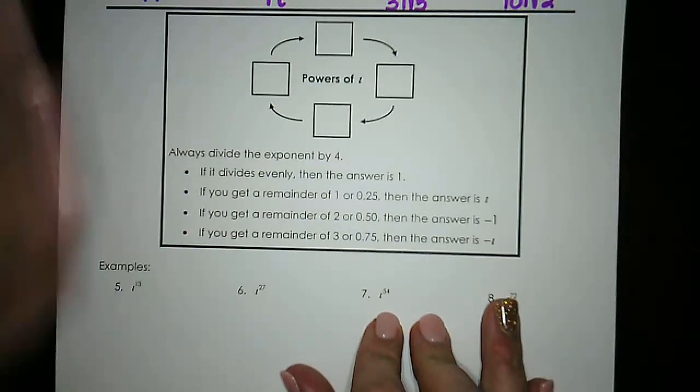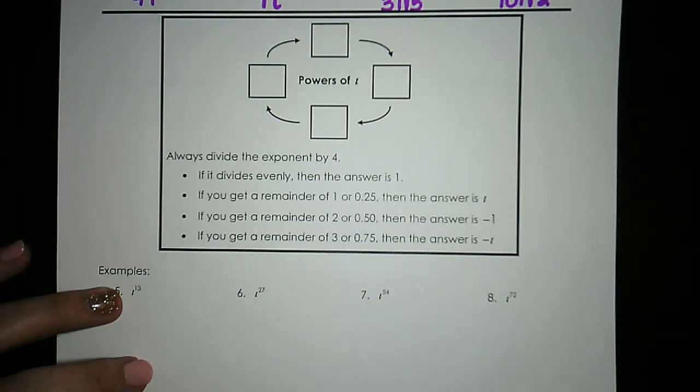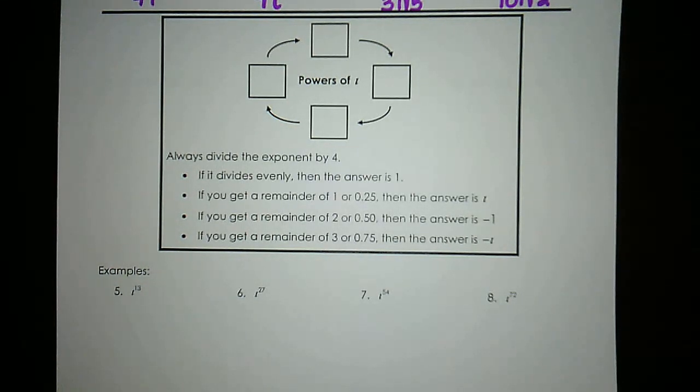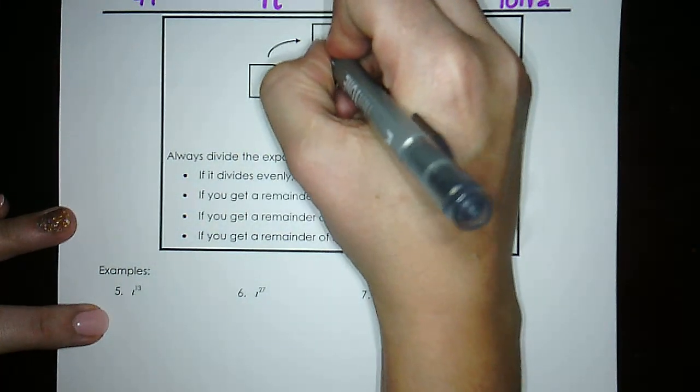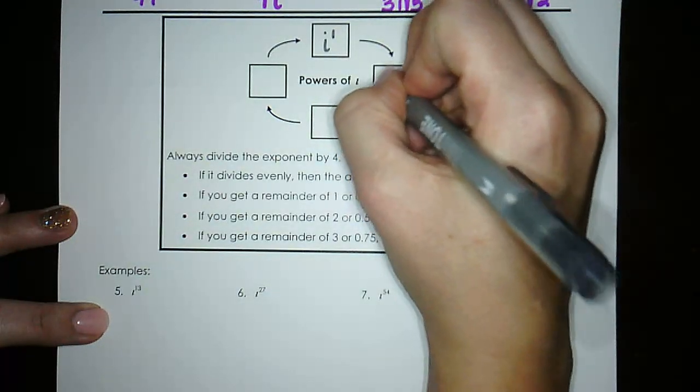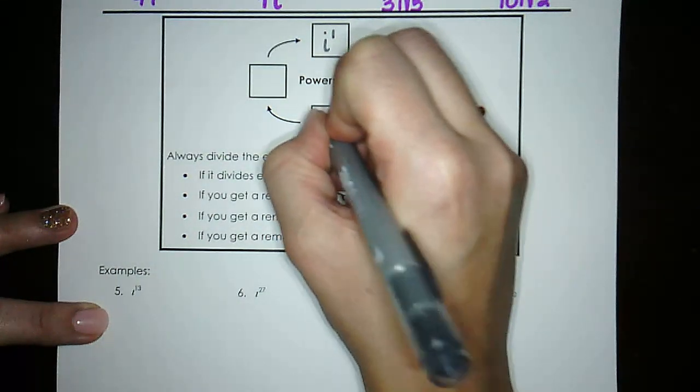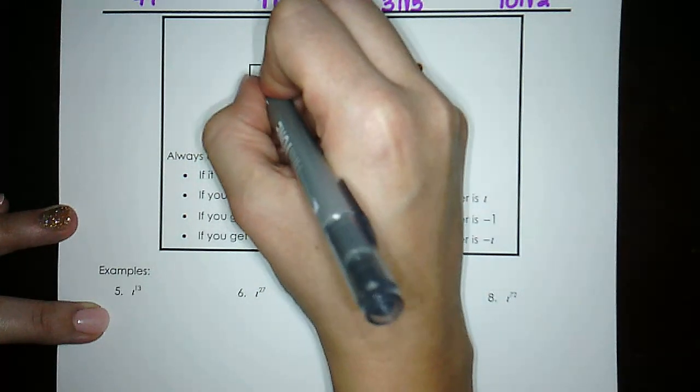Now we're going to get into our powers of i. So if you think about it as a clock, it helps a little bit. So we're going to do powers of i. I'm going to have i to the first, i to the second, i to the third, i to the fourth.